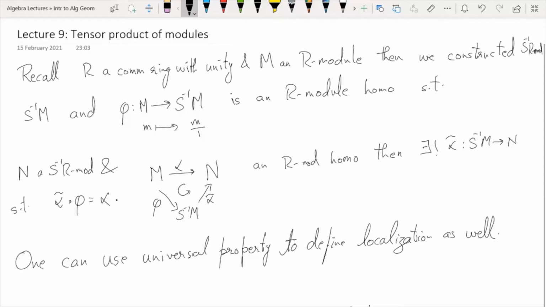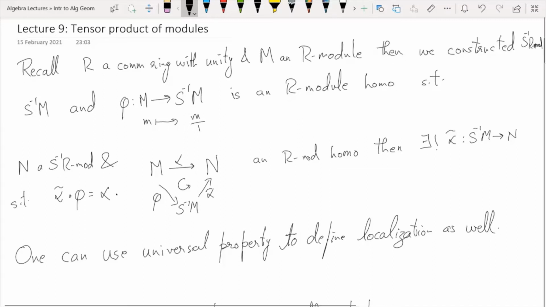This is how equivalence classes, etc., are how one thinks of localization, field of fractions, and so on. Even for localization of rings, you can use the universal property to define the localization, but one uses the construction quite prominently, and that is why people take this approach.